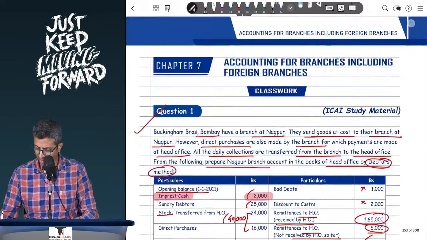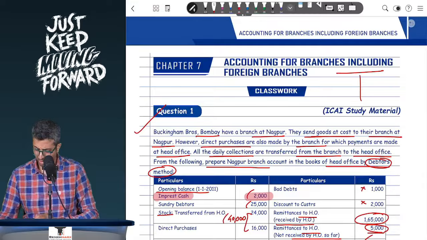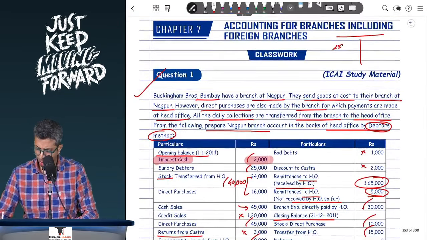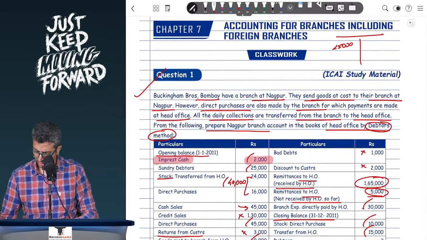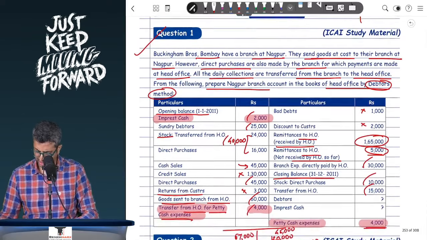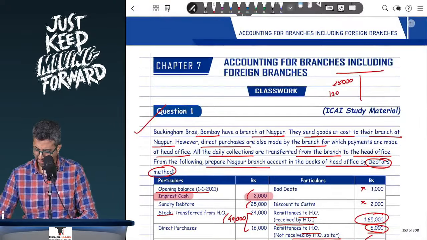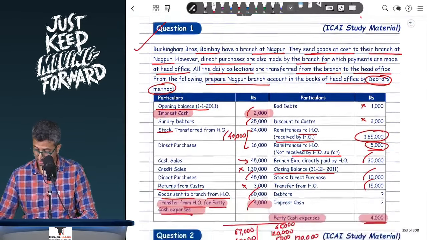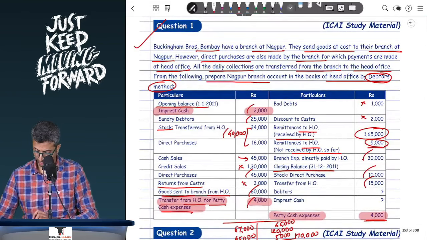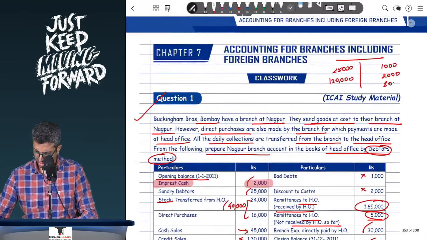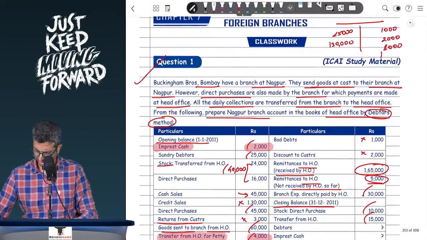The problem is I don't have debtors, so I can prepare a working note, memorandum debtors account, which is opening at 25. During the year there will be a credit sale which is at 1,30,000, and then at least in the debtors account there will be some bad debts of 1,000, discount of 2,000, returns from customers of 3,000, collection is 1,20,000.